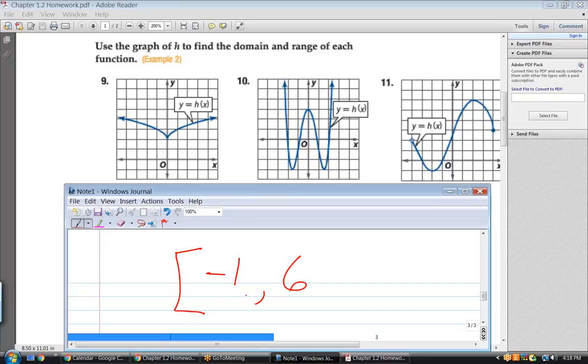Well, it's not because it's a negative, but because it does attain that value. On both. In other words, it does reach -1 right there, and it does reach +6 right there. That's because it's not an arrow and it's actually on the graph, correct? Yeah. In other words, it's not approaching it.